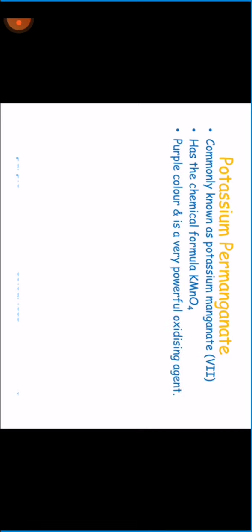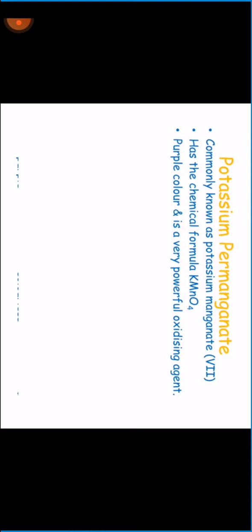So first we'll look at potassium permanganate. Potassium permanganate will sometimes be referred to as potassium permanganate 7, and that's got to do with its oxidation state. It has the chemical formula KMnO4. It's purple in colour and is a very powerful oxidizing agent.